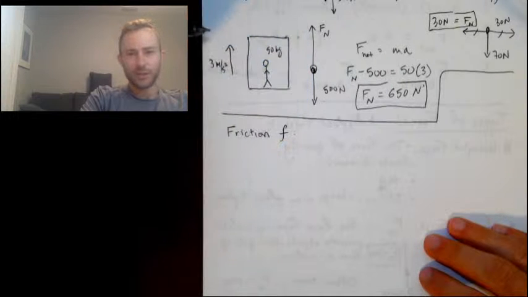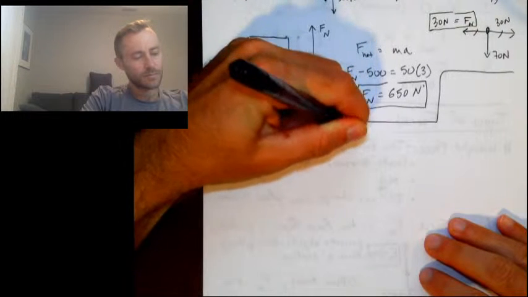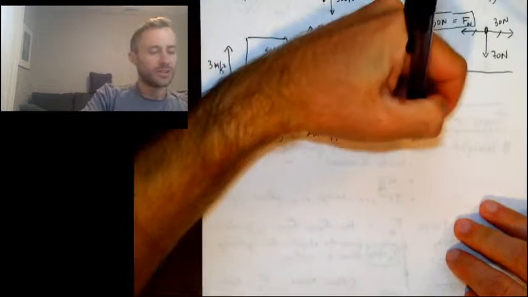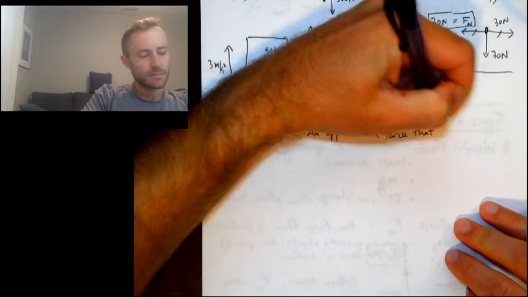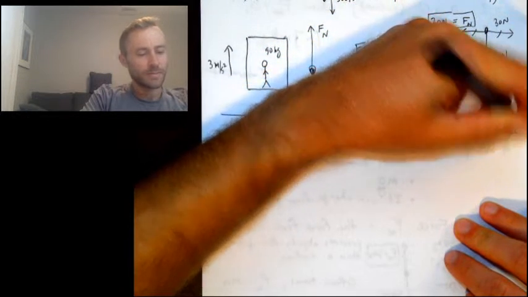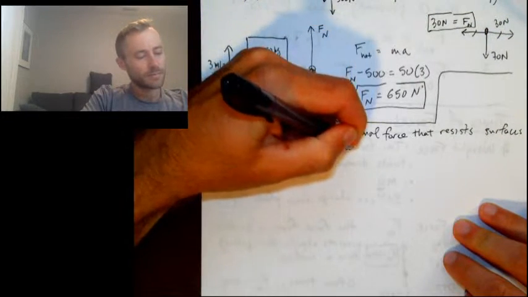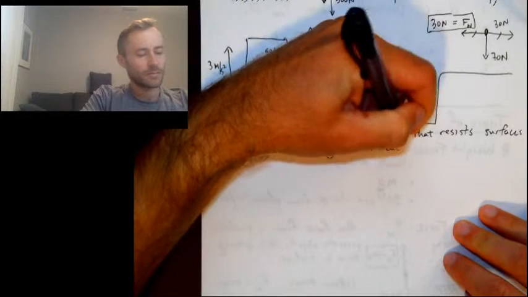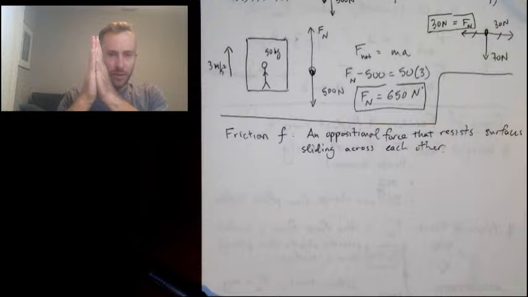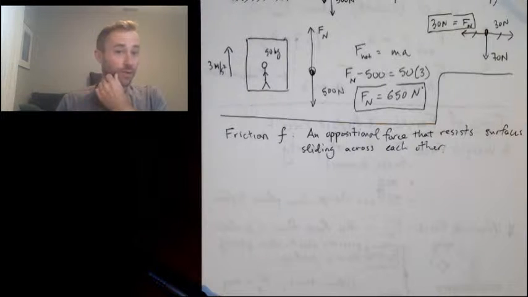And basically, friction is an oppositional force that resists surfaces sliding across each other. Okay, so for example, if I push my hands together and I try to move one hand across the other hand, that resistance is friction.